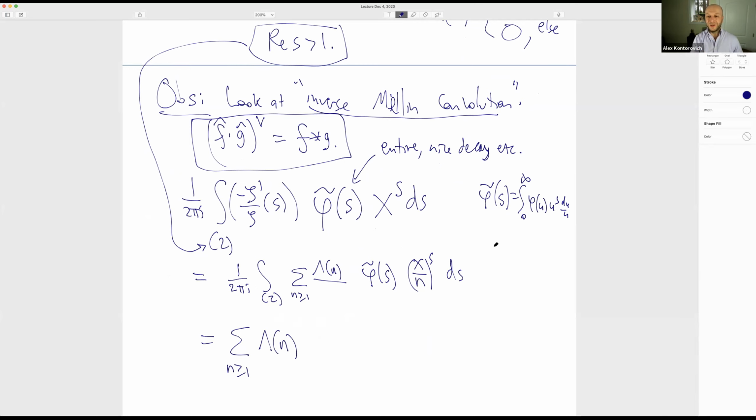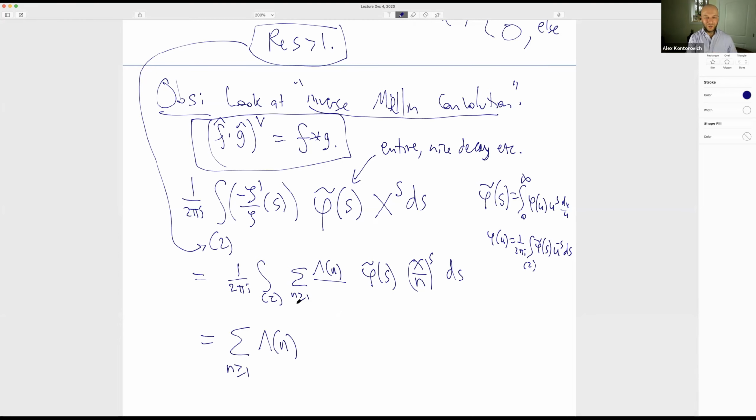And how would I get phi of u back? I'm reminding you of the inverse Mellin transform formula. It would be to take this thing, multiply by u to the minus s, and integrate ds. Does that ring a bell?